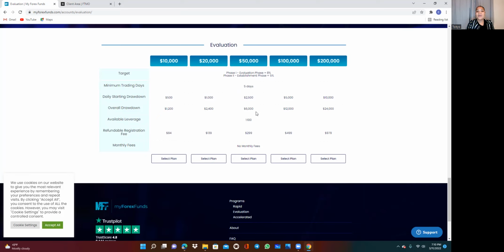But guys, although they give you that much space for drawdown, you don't really want to be in a drawdown like that. Maybe you went in with lot sizes that are way too big, and that's why you violated your account, or you truly did not know the direction of the market.